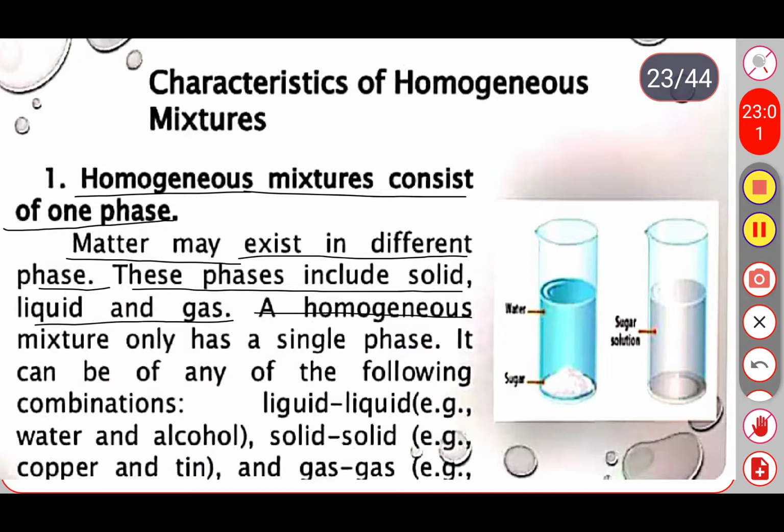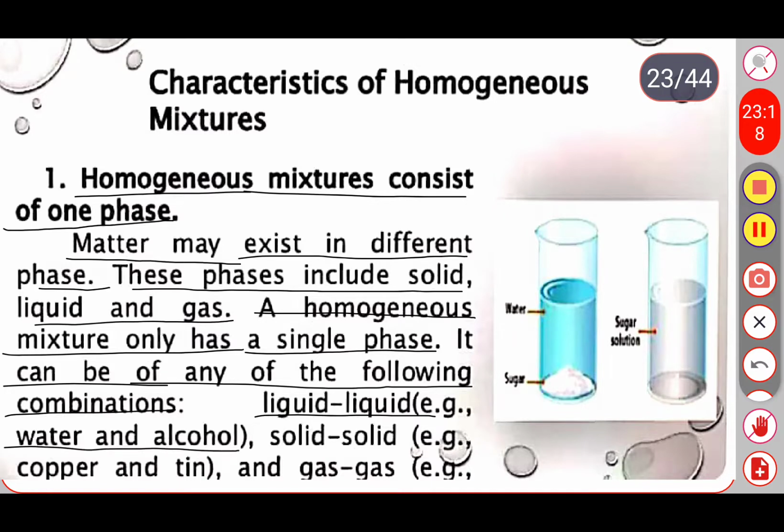It can be any of the following combinations: liquid-liquid, like water and alcohol; solid-solid, like copper and tin; or gas-gas, like oxygen and nitrogen, oxygen and argon, or oxygen and helium. A homogeneous mixture consists of only one phase.